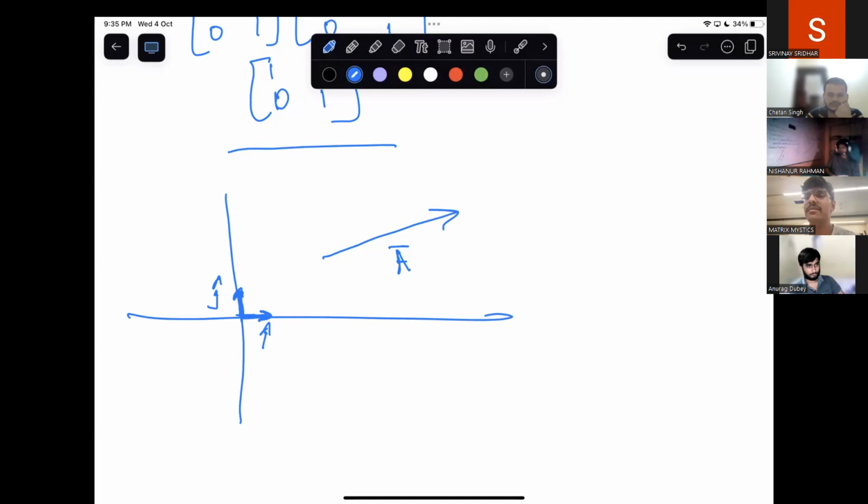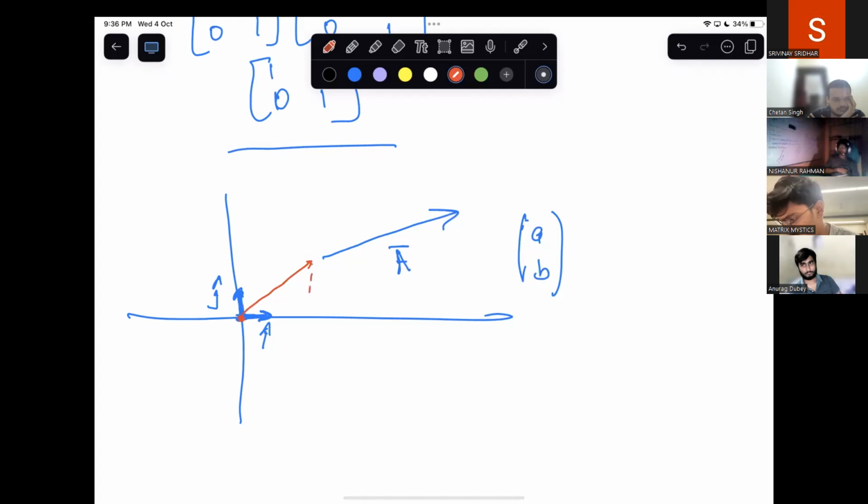But in maths, we can also represent these vectors by a column matrix of numbers. For example, in two-dimensional space, we can represent this as a column vector of a comma b. What this means graphically is that there is a vector which starts from the origin right here and goes to the point a comma b.